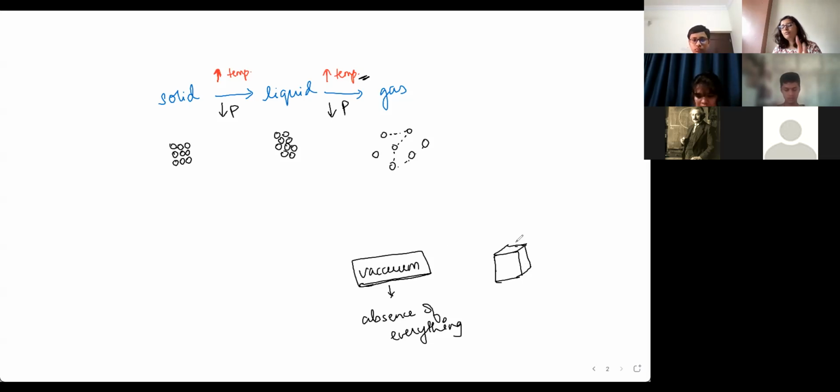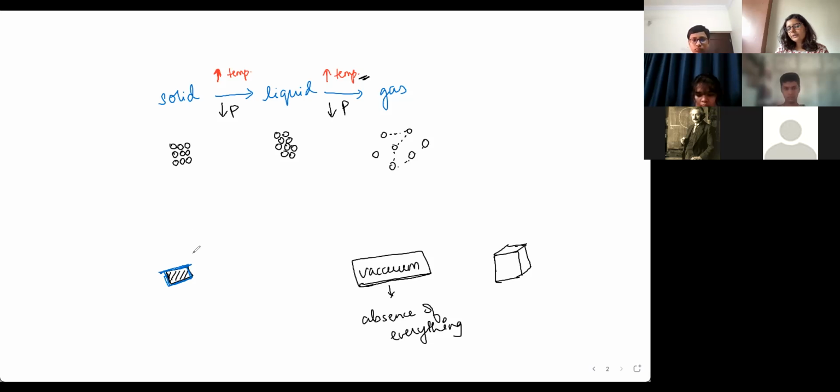Okay, so if I take an ice block and vacuum seal it, it means that there is nothing except ice, like there is no space, everything else is sucked out.